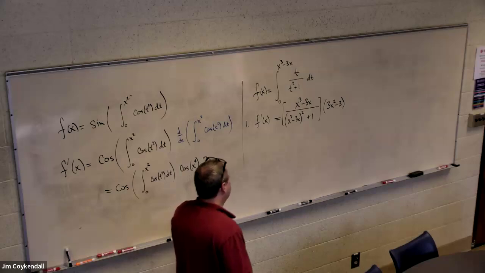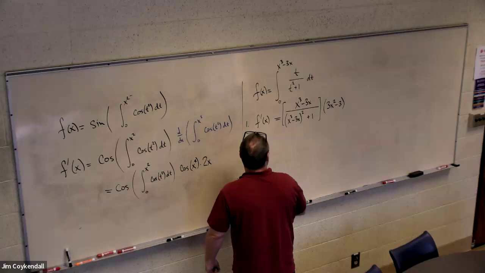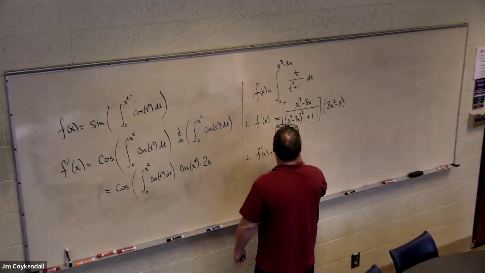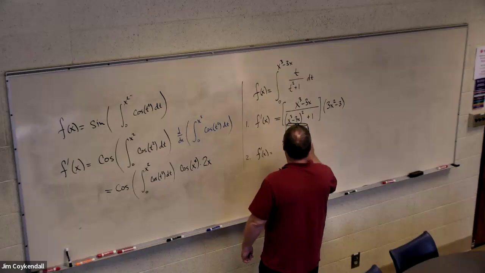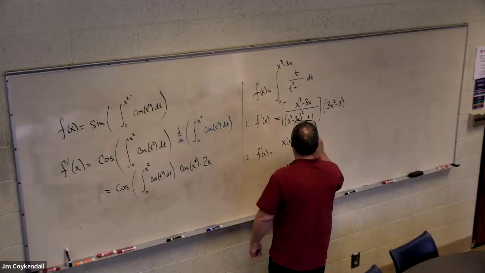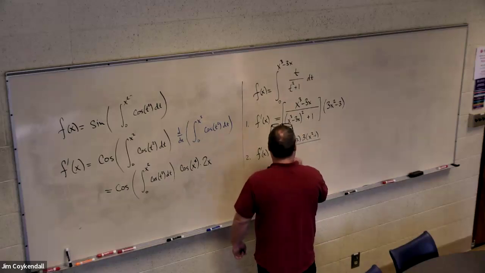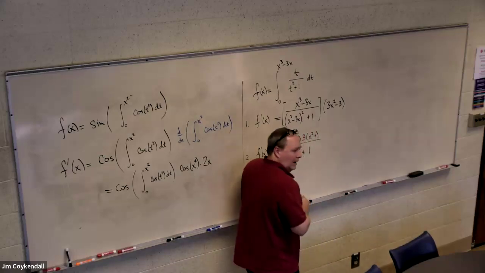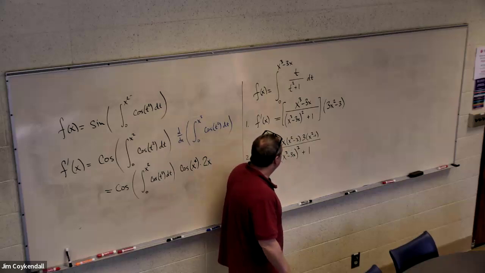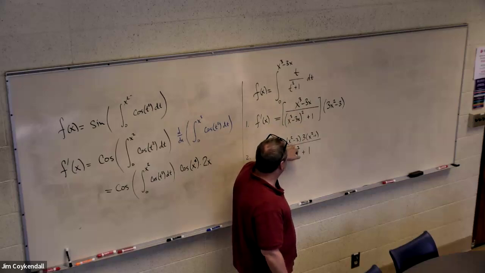Okay, so here's what we found in part A. x cubed minus 3x is x times x squared minus 3.